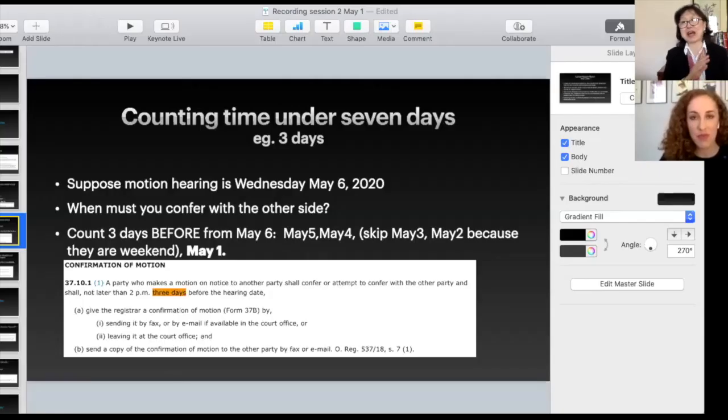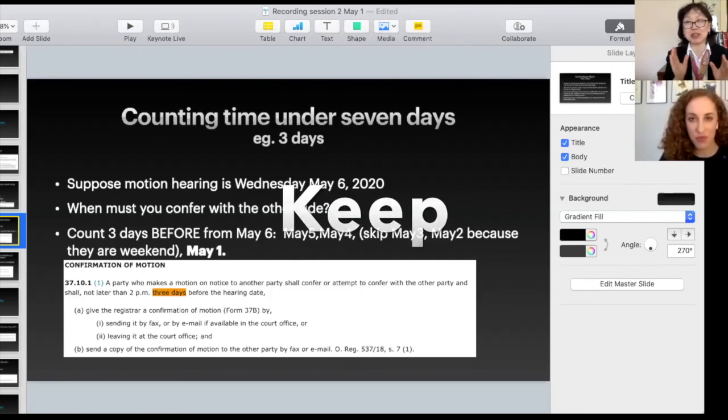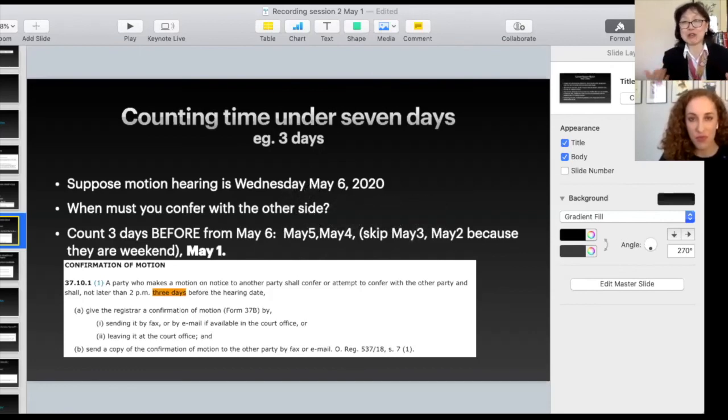Okay, but I think a good suggestion to people is don't leave it to the super last minute. Give yourself a little bit of buffer, a little bit of room, so that if the rules say 3 days, you wouldn't necessarily want to just say, okay, I will do it the last day. Yeah, only with the Rules of Civil Procedure does a day not mean what it means in regular life.